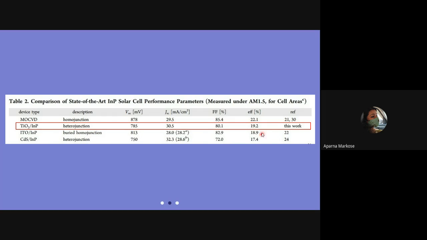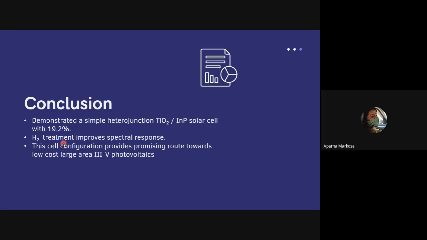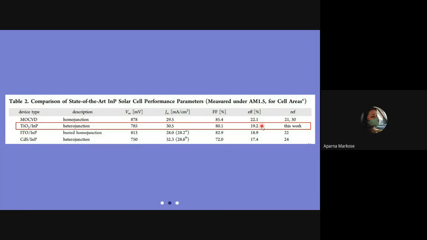That kind of solar cell has an efficiency of 18.9. And another one we discussed in the beginning, cadmium sulfide as a window layer, which has 17.4%. So what is the benefit of this work? This is less costly than MOCVD, that is the benefit: less costly and more efficient.